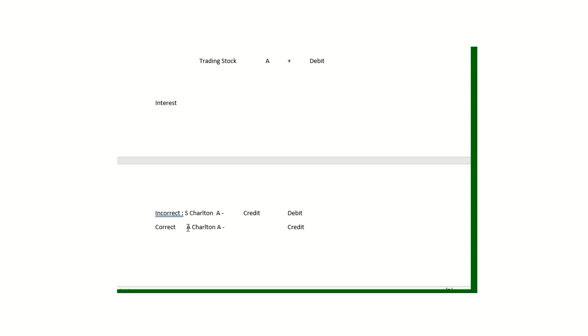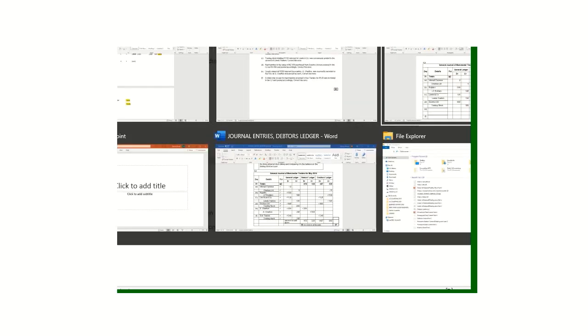Then work out where it should be. It's still a debtor, still an asset, and he should be less. So how will we make it less? Credit. So our fix is to debit the incorrect one and credit the correct one. So we're going to debit S Charlton and credit A Charlton. Let's do it.